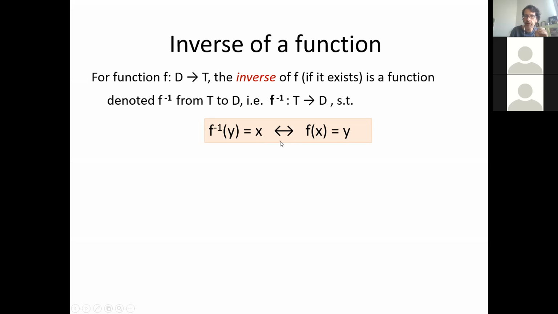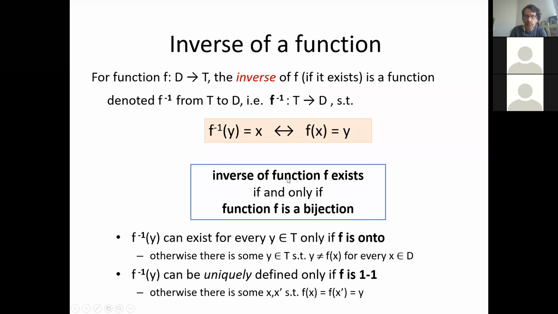For every x and y, if f of x is y, then f inverse of y is x. This is the definition of f inverse. It's a function that takes an element, and its value is an x in the domain such that f of x equals y. So inverses exist only if the functions are bijections. And this is what I just said already.